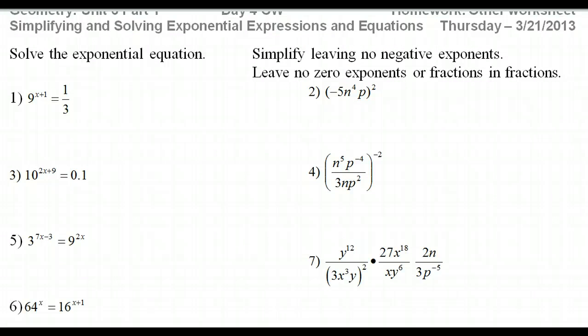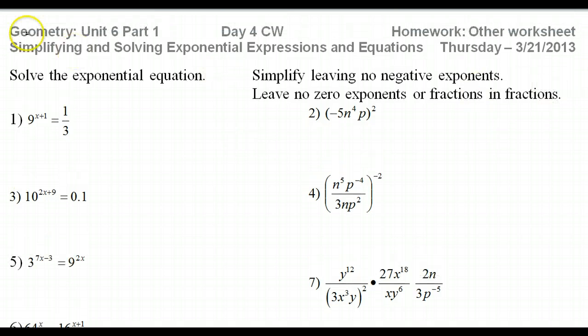This is a review lesson, so we are going to go back and forth practicing both of these skills at the same time. So this lesson is about simplifying and solving exponential expressions and equations such as all of these. All right, let's get started.